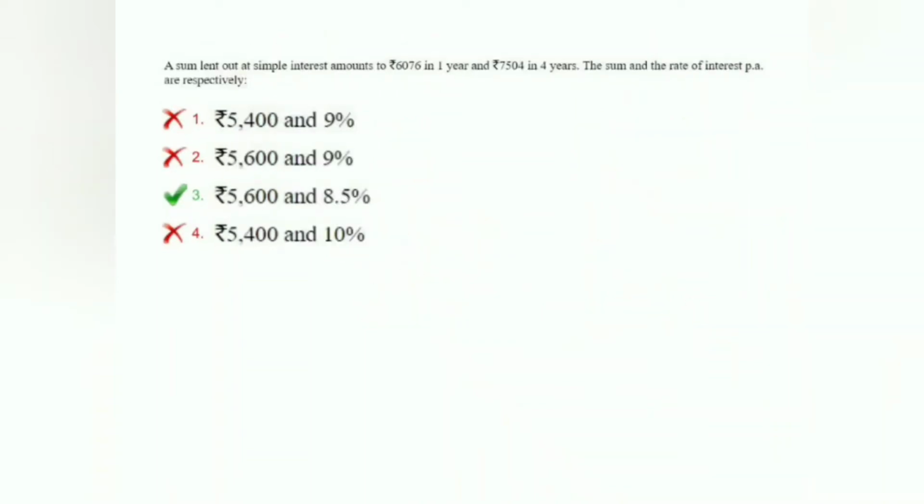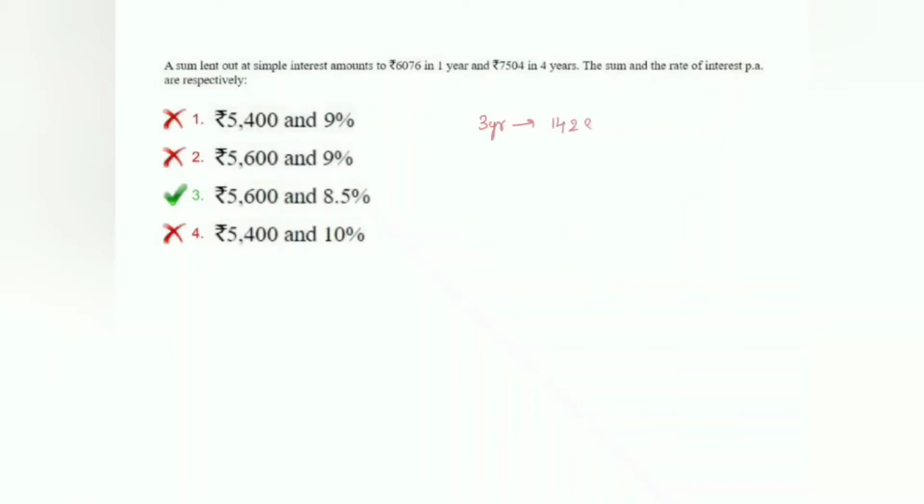A sum lent out at simple interest amounts to 6076 in 1 year and 7504 in 4 years, which means in 3 years it has increased, and he is asking you the sum and the rate of interest respectively. Now in 3 years, the difference is 1428.